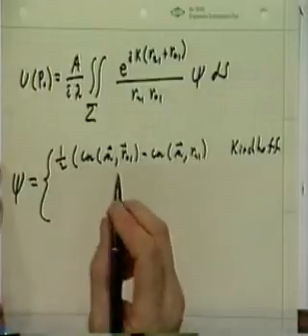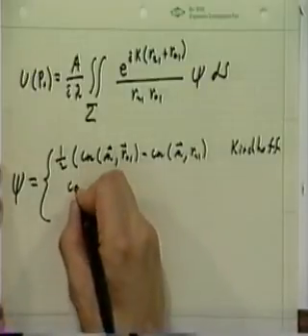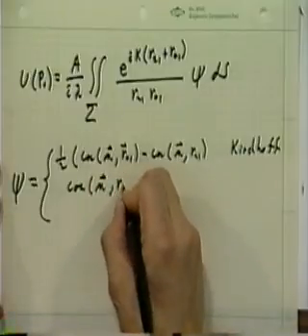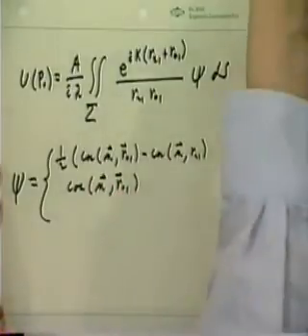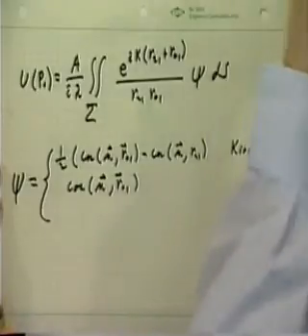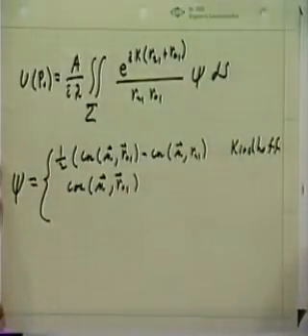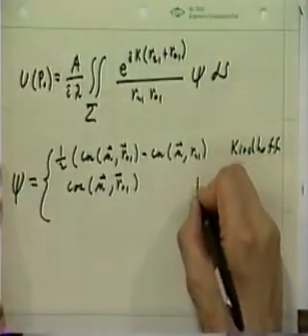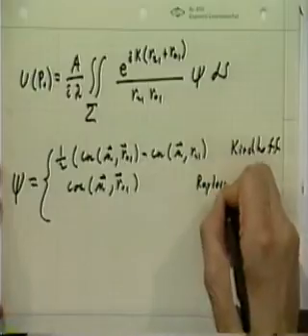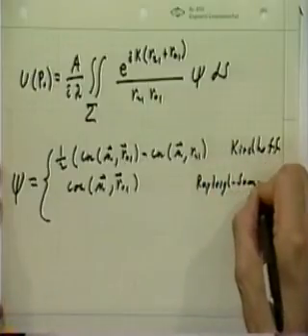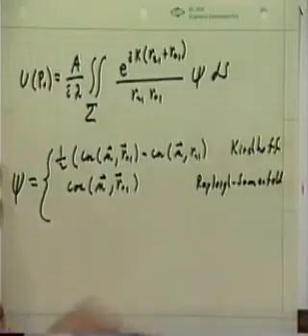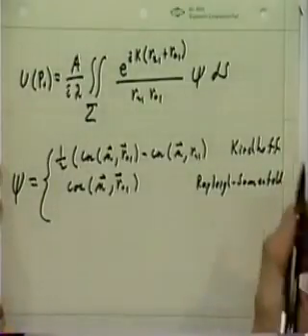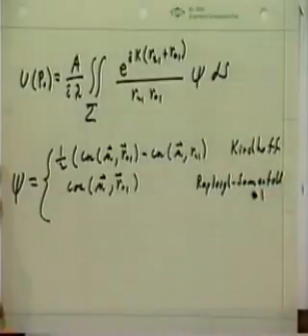For Rayleigh-Sommerfeld, we got here, well, we had a cosine of n R01, and that was the Rayleigh-Sommerfeld where we had the G minus Green's function.